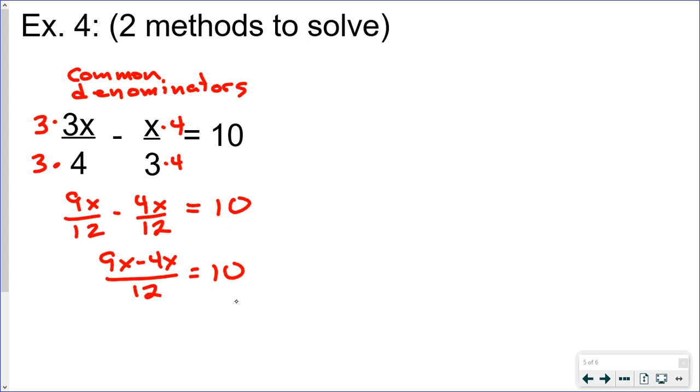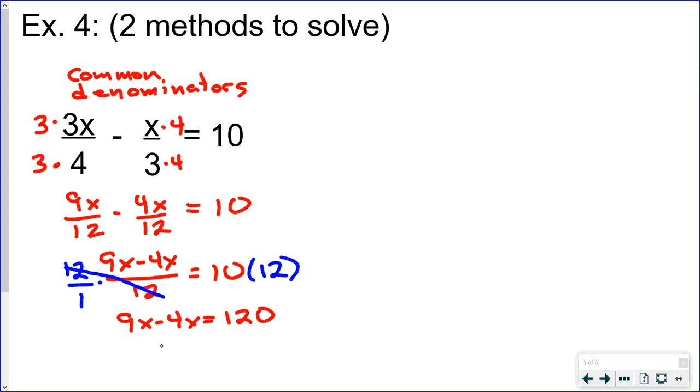Now from here, I did a previous lesson where I showed how to solve an equation that looks like this. You do that by getting rid of this denominator, making it so it's not a fraction. And the way we do that is by multiplying both sides by whatever this number in the denominator is. I'm going to multiply this side by 12. I'm also going to multiply this side by 12. That will allow me to cancel out these 12s, cross simplify to 1 and 1. And so then what I get is 9x minus 4x equals 120.